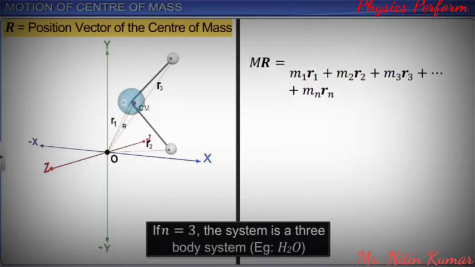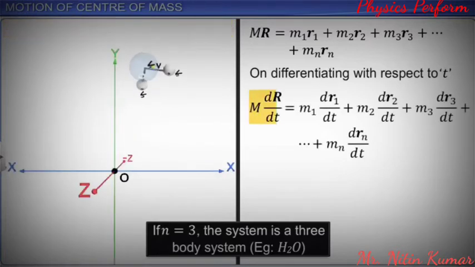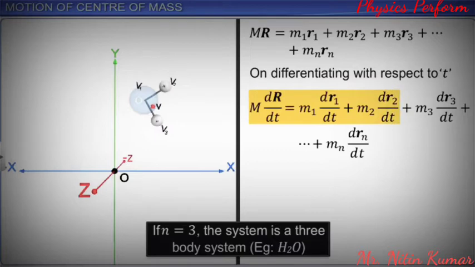On differentiating both sides of the expression with respect to time, we get M dR by dt is equal to m1 into dR1 by dt plus m2 into dR2 by dt plus m3 into dR3 by dt, and so on, plus mn into dRn by dt.